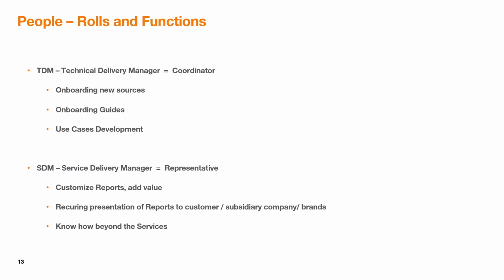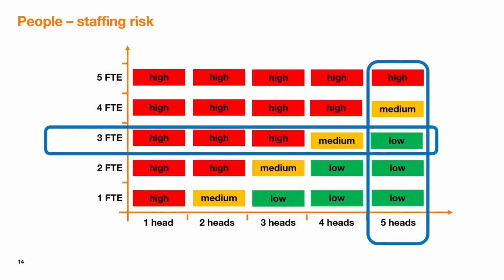And to staff a SOC, starting with a very small number of hats. If you want to staff each tier with just one hat or one full-time equivalent, so to run 8 hours a day, 5 days a week, all through the year, without any off times and vacations and trainings, that's impossible for a single person.